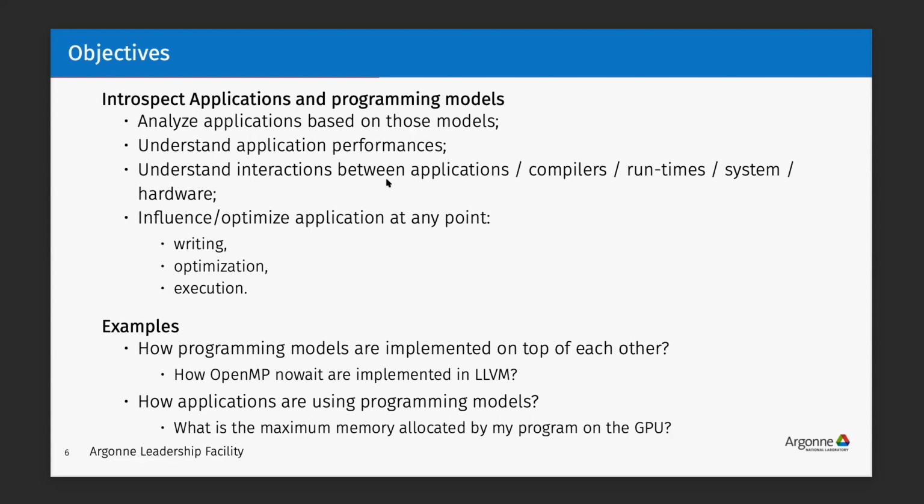We want to understand, when an application is not working as expected, whether a user has done something wrong with the application, or with the programming model underneath, or whether it is another programming model the user is using that is using the lower-level programming model wrong. And we want to be able to influence the applications while we are writing them, to understand how we're writing and optimizing them, and also maybe modify how they behave during execution.